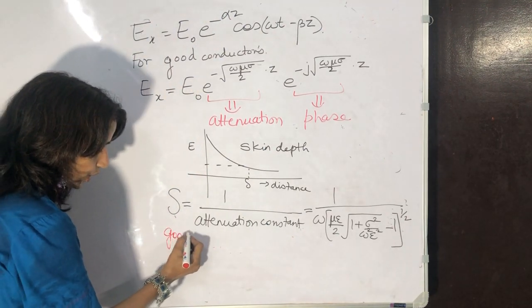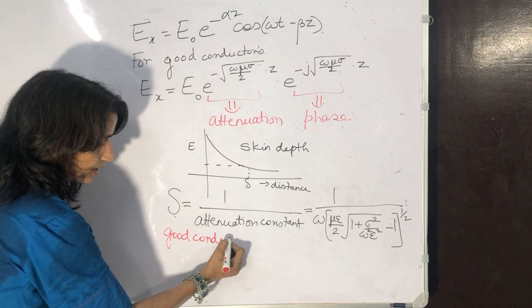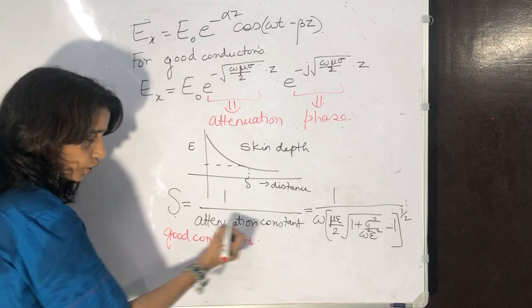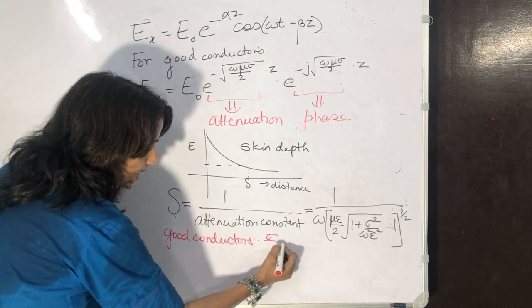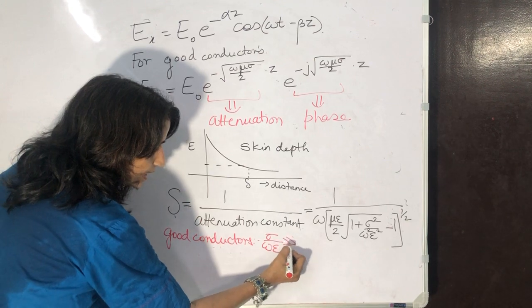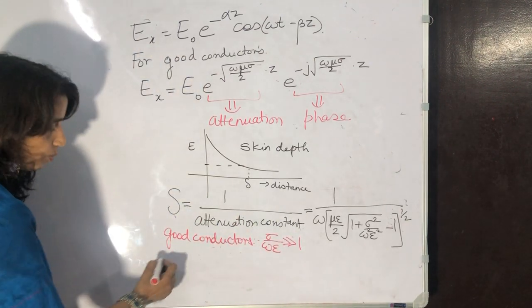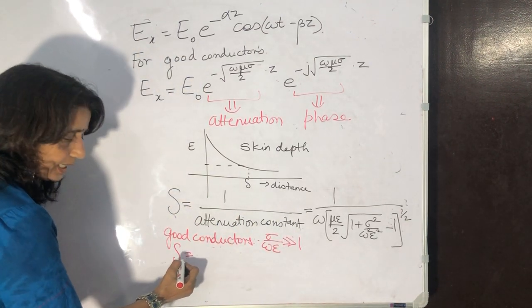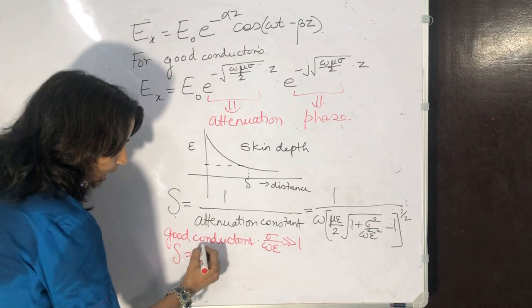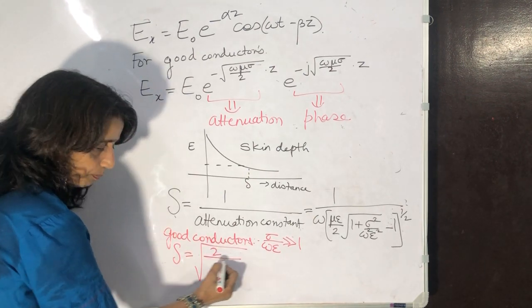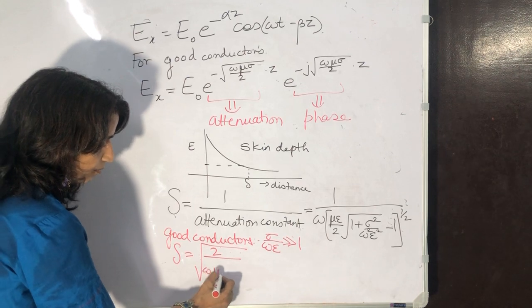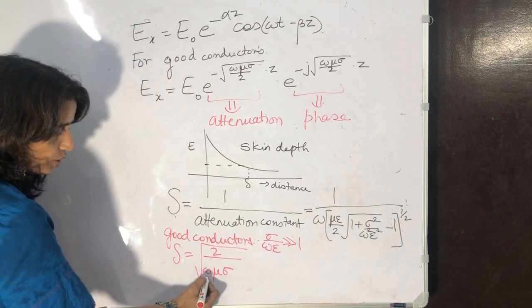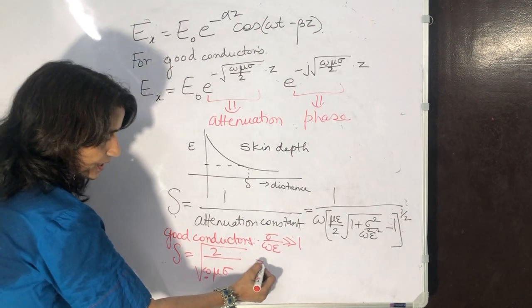For good conductors, what is the skin depth? For good conductors, sigma upon omega epsilon is very much greater than 1. So your skin depth becomes equal to under root 2 upon omega mu sigma, where omega you can also write as 2 pi f.